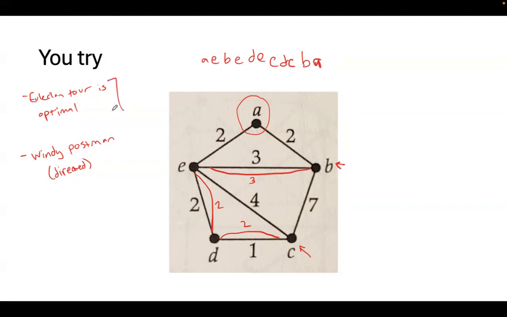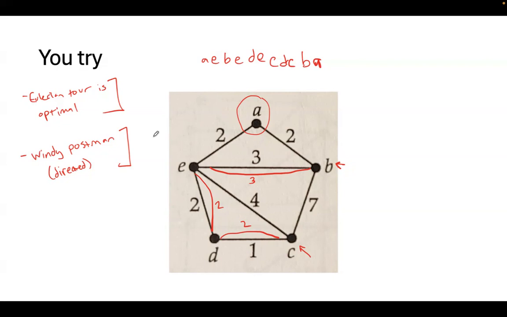Okay, so the thing about this problem is that once we have the Eulerian graph, once we've got this closed trail, that's the optimal tour. A variation on this, which I think is interesting, is if the graph is directed, then we can have the windy postman problem, where maybe you don't want to walk directly into the wind.